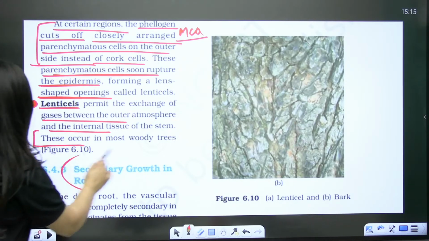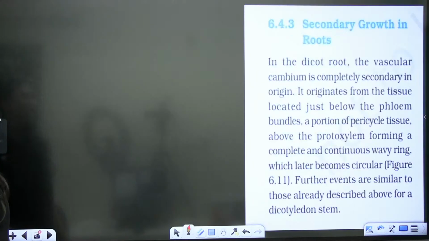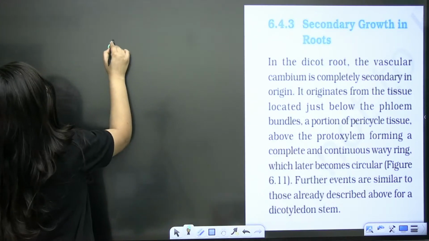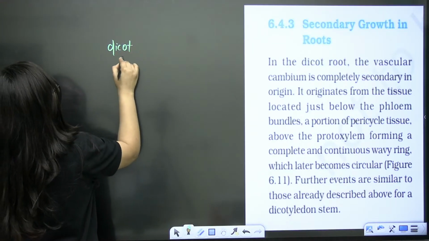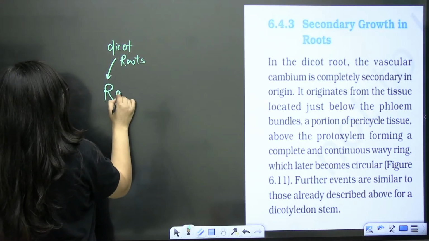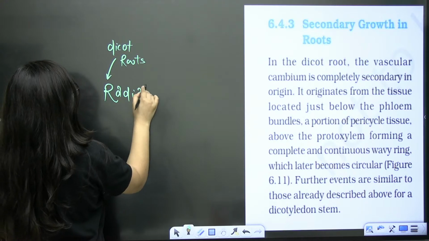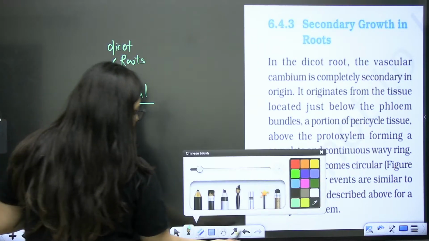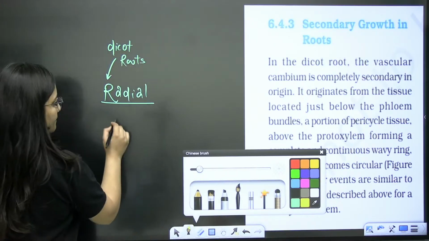Now when it comes to secondary growth in roots, it is also very simple. You know that it is possible in the case of dicot roots. When you know it is a dicot root, the vascular bundle is radial.